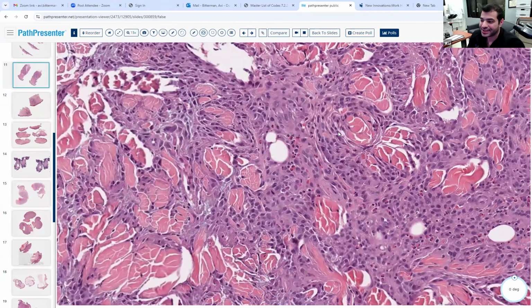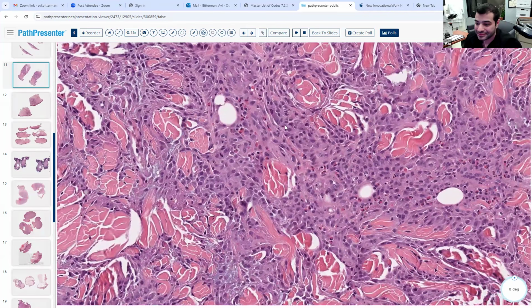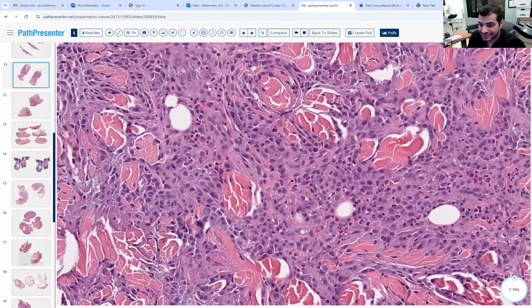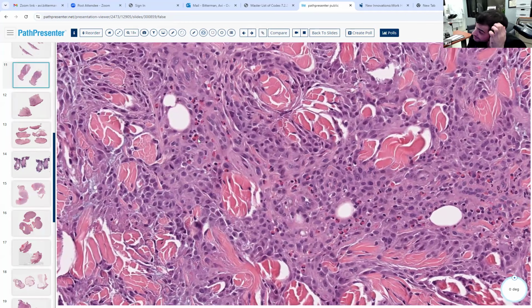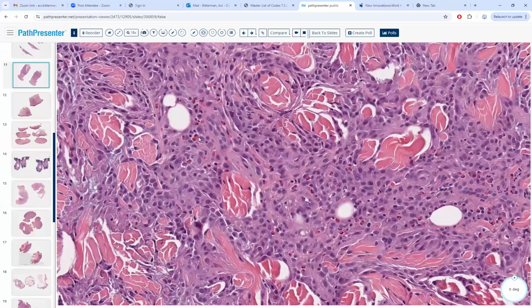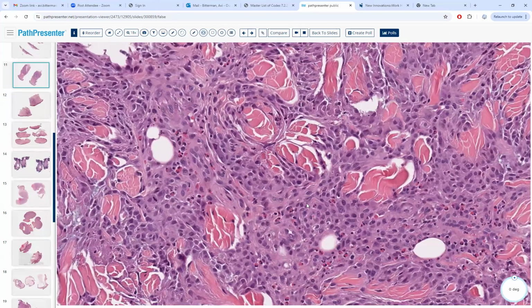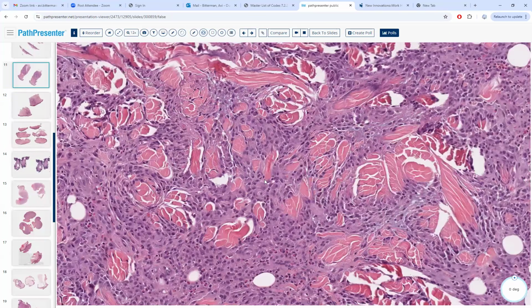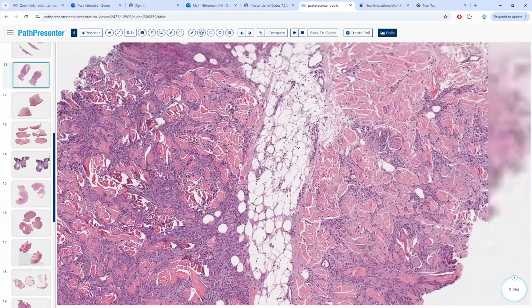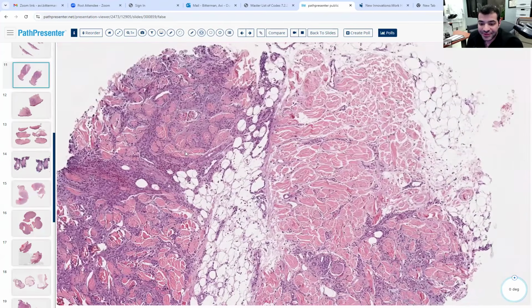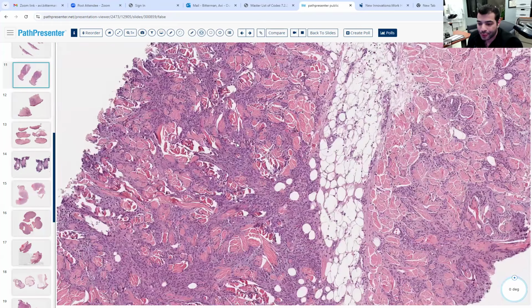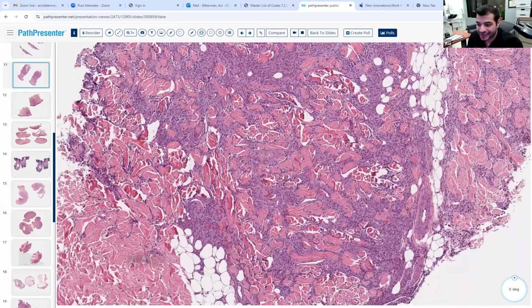There's another type of cell you can see in this. Eos? Yes, there are eos here as well. This was from a patient who had a cord-like plaque.